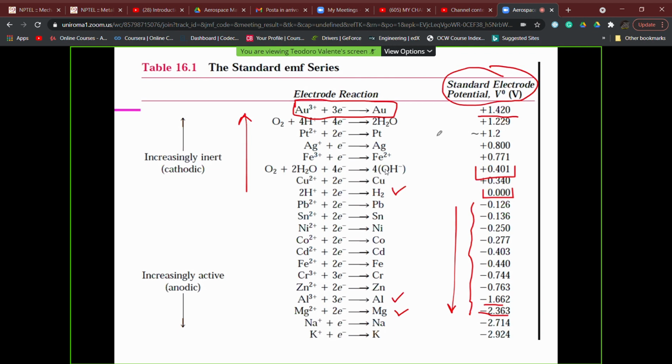So we can answer our question if, starting from a thermodynamic approach, the corrosion can happen or not.